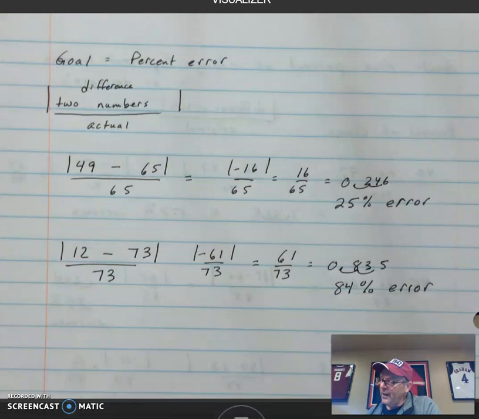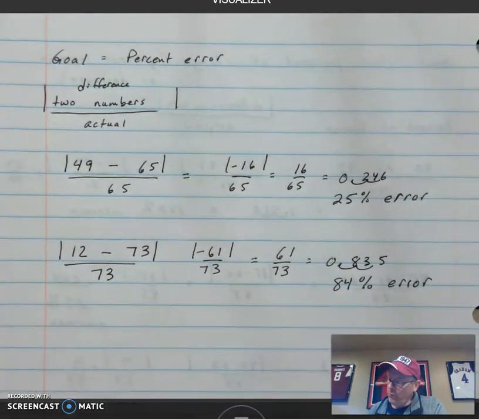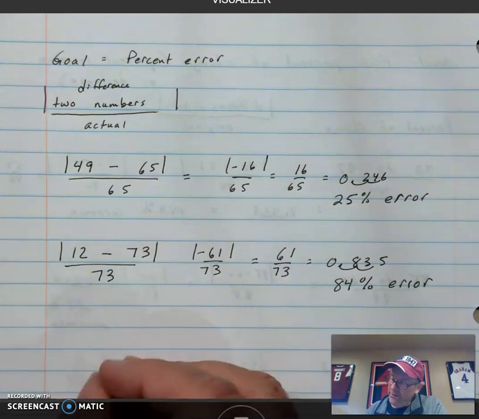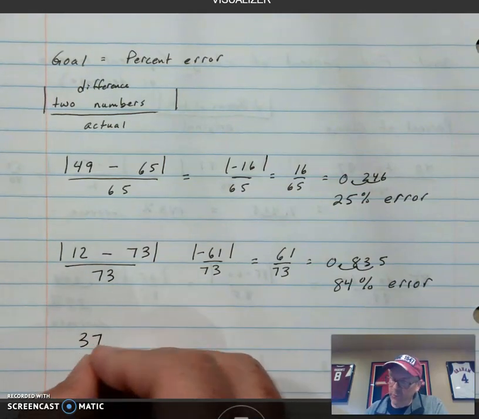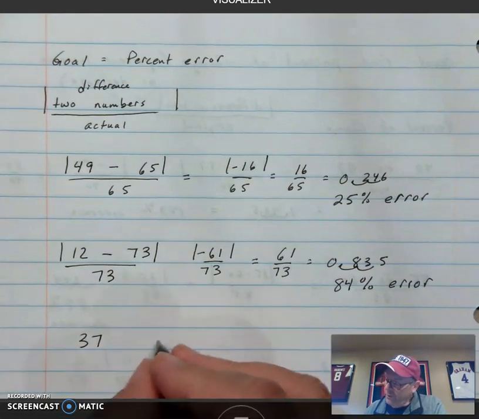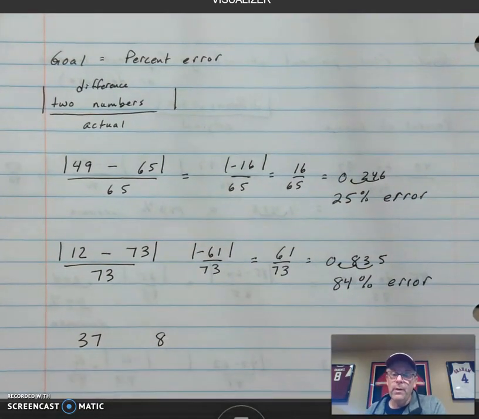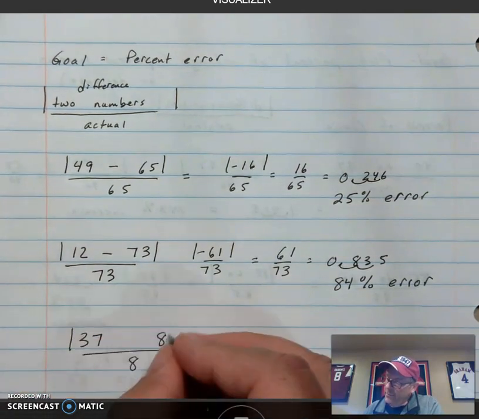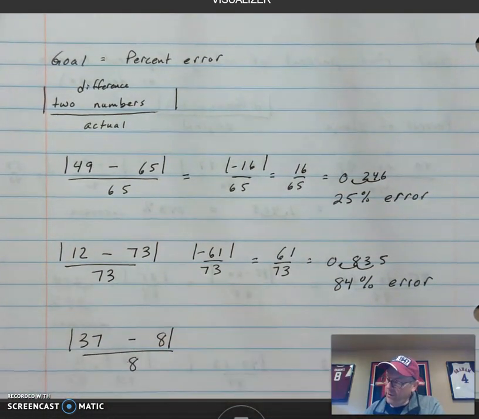Alright, last one. Let's say that you look in a room and your estimate is that there are 37 people in the room. In actuality, there are 8 people in the room. Let's just say your estimation skills really, really need some work. So your actual is 8. So we want the absolute value of the two of those.